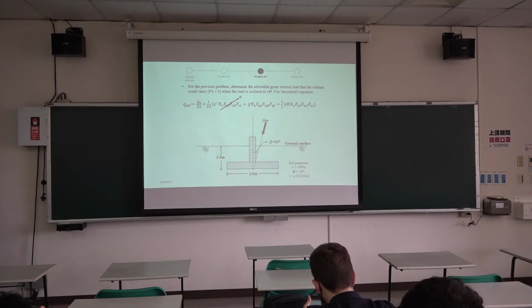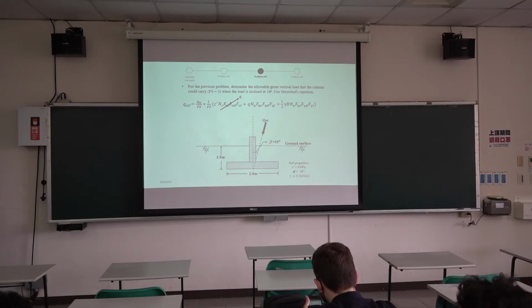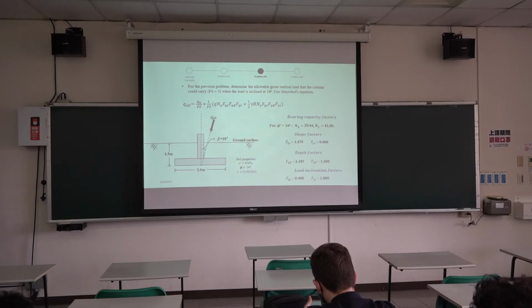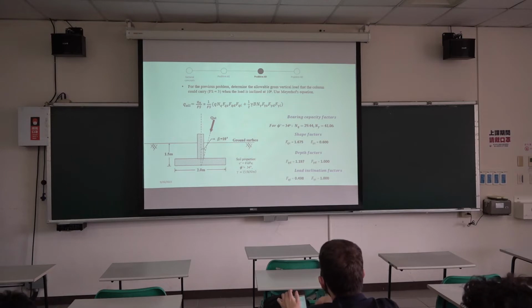Just the same question and same parameters. The only difference is now the load is inclined at angle beta. And to make your work easier, I calculated the factors for you. But probably in your homework and also maybe in the exam, I'm not sure, you might have to get these factors on your own.